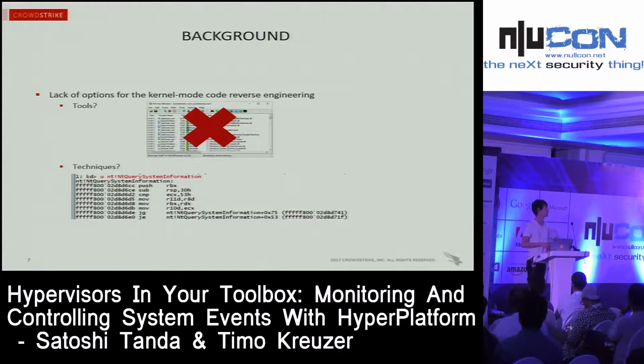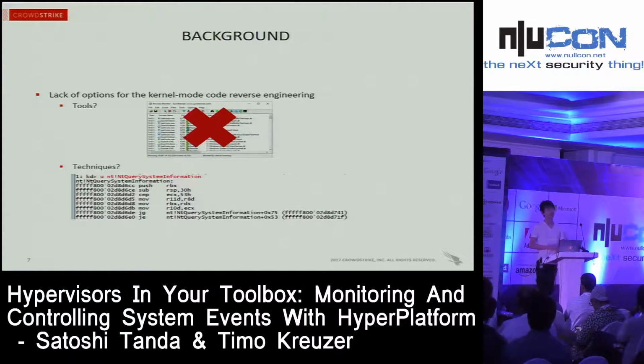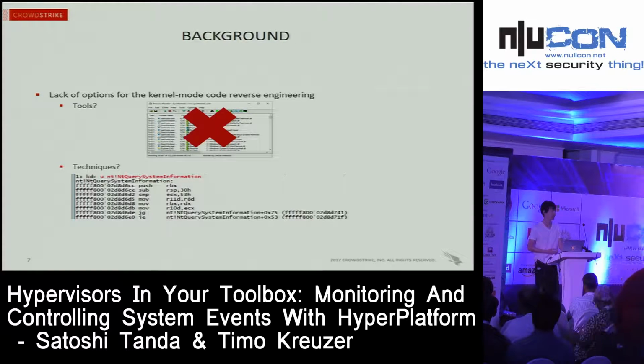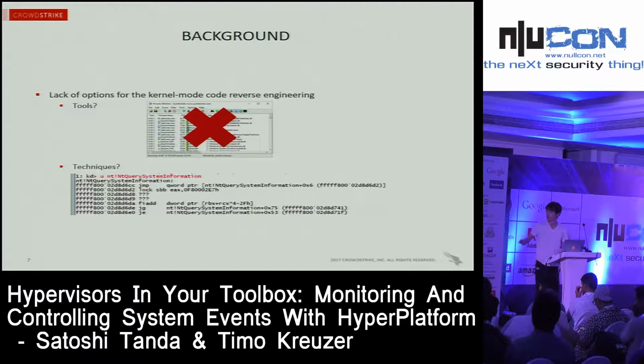Probably some of you know a technique named inline patching, or code modification, like API hook technology. That technique updates assembly code at runtime to execute your own instrumentation code. In the picture below, this is the original code, and if you apply the inline hooking technique, you can change it like this and then execute your own instrumentation code.